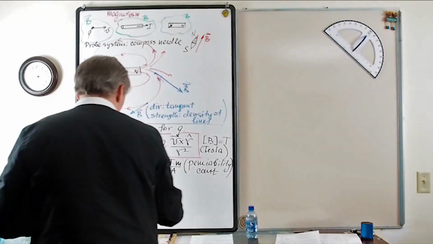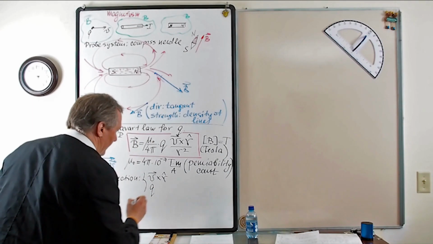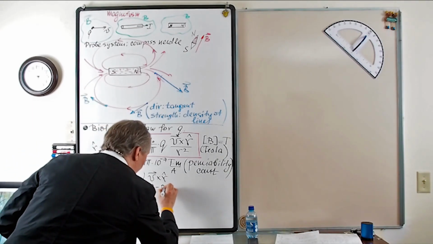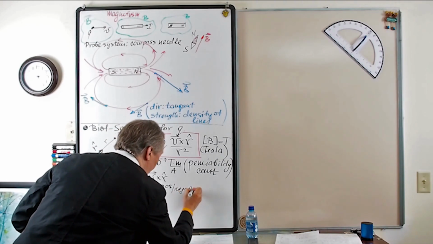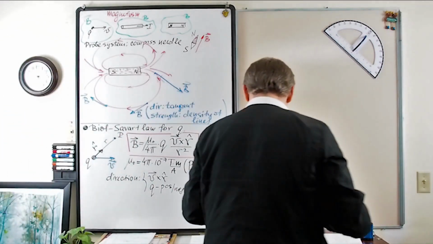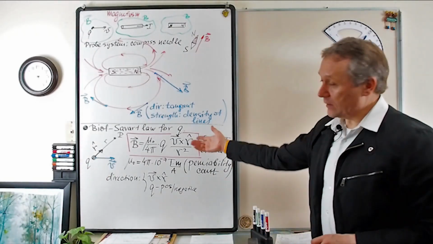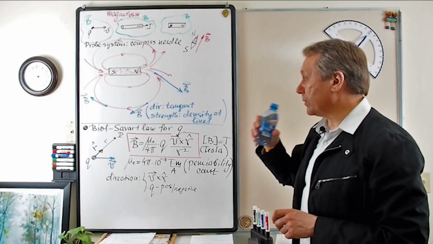That's why I put this figure bracket, and this can be positive or negative. So these two elements in this formula determine the direction of the magnetic field at point P.